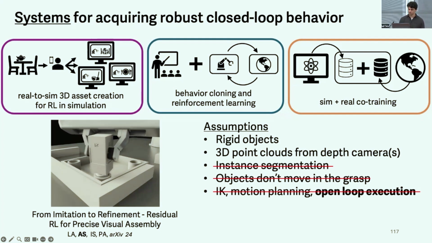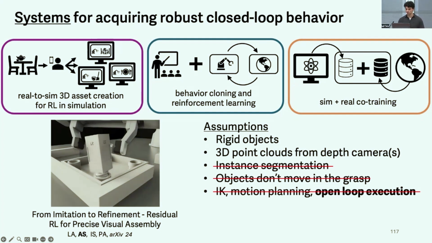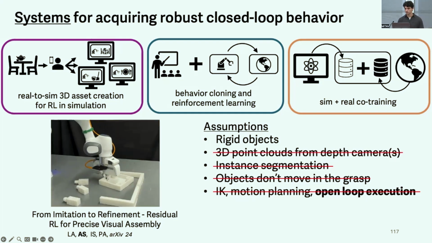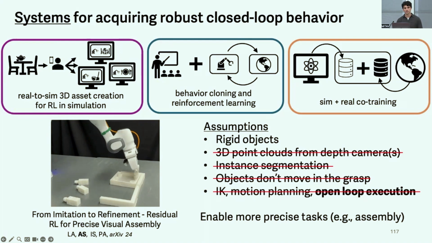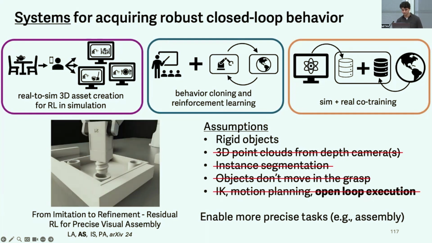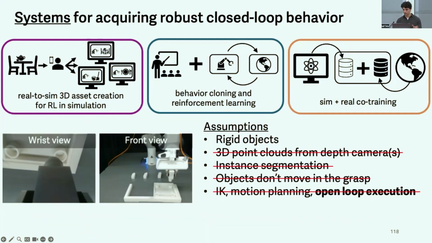Our setting remains largely the same, except now we have the robot operate from RGB images instead of 3D point clouds. And we also wanted to focus on tasks requiring more precise actions like insertion and screwing. And these would be the kinds of things that might be needed for robots to perform fine-grained assembly. Here's a quick snapshot of the images that the policy sees, coming from a front camera and a wrist-mounted camera.